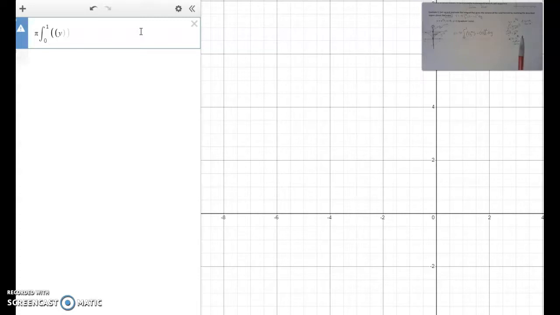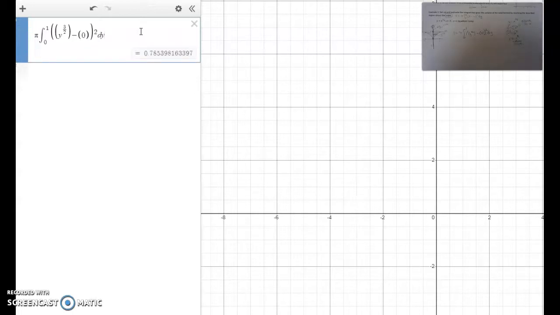So y, then shift 6 to get our exponent, 3 divided by 2. I'm going to close that set of parentheses. Then we're going to subtract our second equation, which was 0. Then I'm going to close that big set of parentheses and square this whole thing. And then I'm going to make sure I put dy because I used the y.